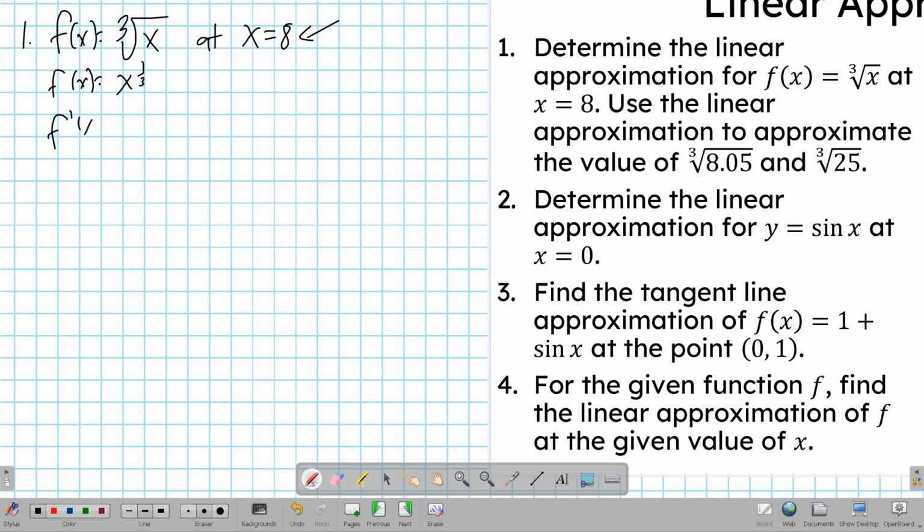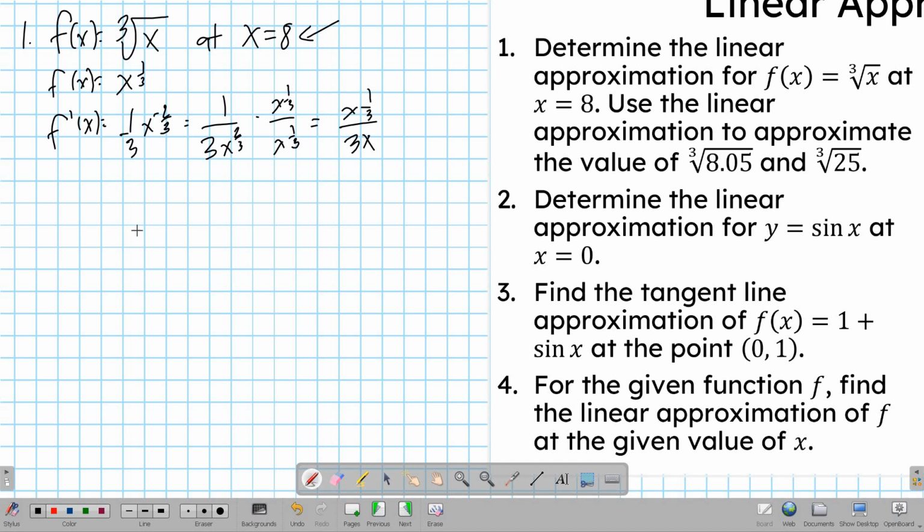So the first derivative would be 1/3 x raised to negative 2/3, which is 1/3 x raised to 2/3 in the denominator. Rationalizing this by multiplying by x raised to 1/3, we're going to have x raised to 1/3 over 3x.